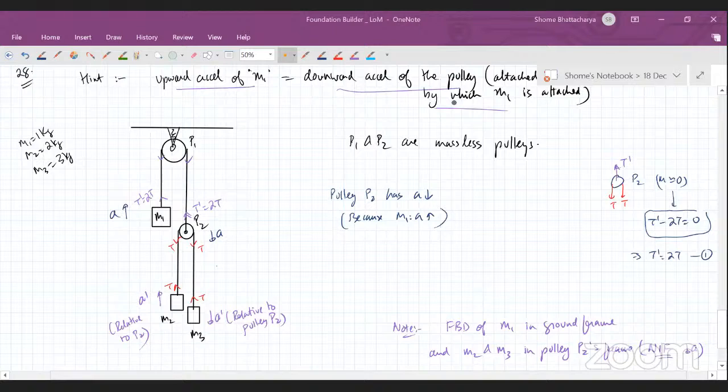So that constraint relation has to be used. Just like in question 31 also, the constraint relation is there, like that in 32. So if you finished question 28 already, you can try out 31 and 32 with the constraint relation concept. Yeah, I'll get back to that after just finishing this one.